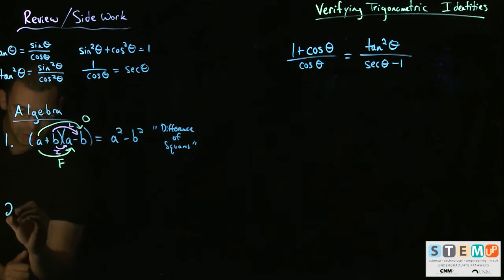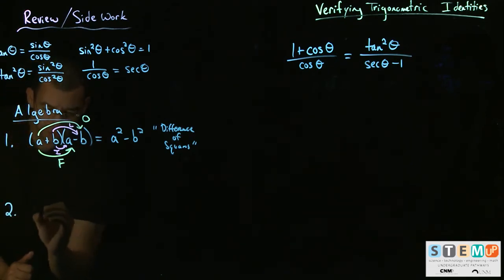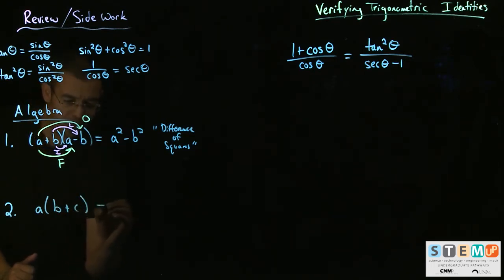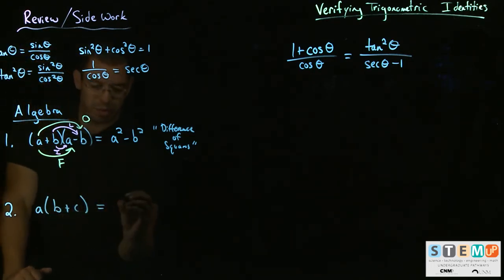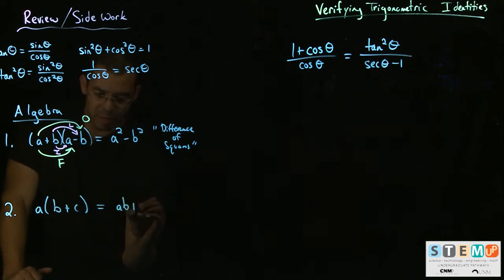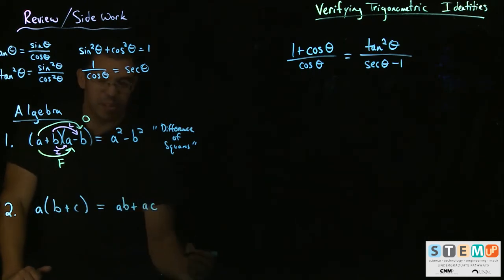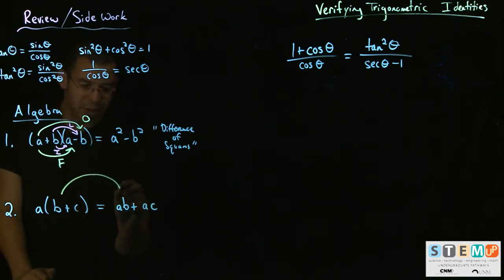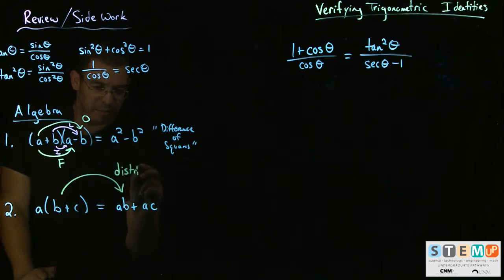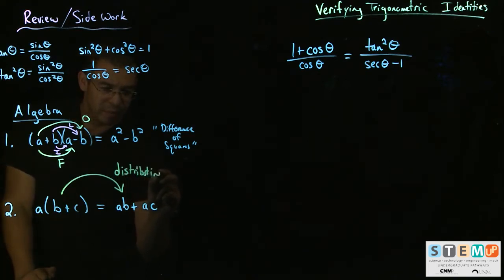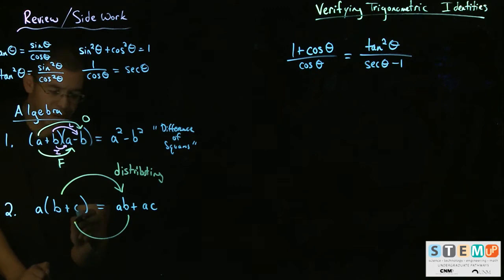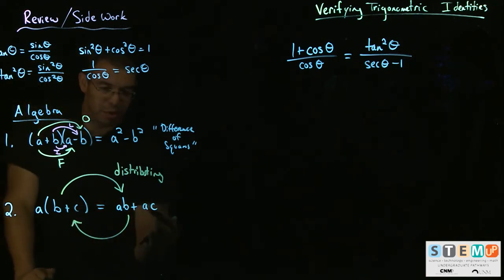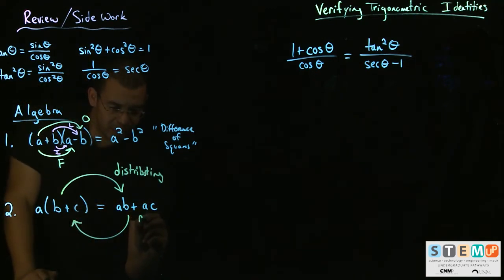The only other bit of algebra that we need would be this bit here. If we distribute, we'd have a times b plus a times c. When we go from here to here, we call that distributing. And when we go backwards, we use the distributing property in reverse. We call that factoring.